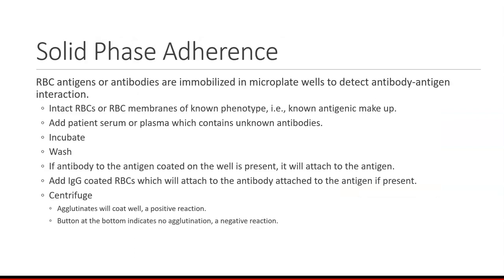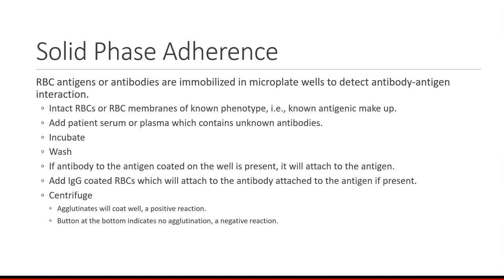Solid phase adherence has become popular because it can be automated. Red cell antigens or antibodies are immobilized, attached to microplate wells to detect antibody-antigen reactions. So intact red cells or red cell membranes of a known phenotype, meaning we know the antigenic makeup of these membranes or cells, are stuck to the side of the microplate wells.